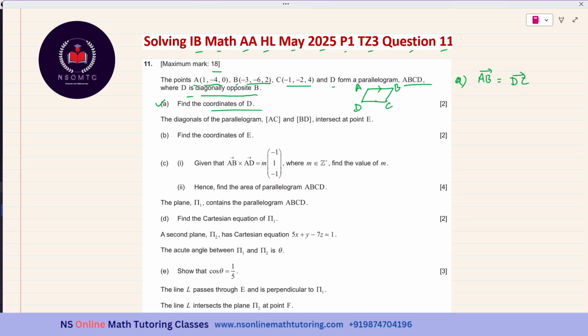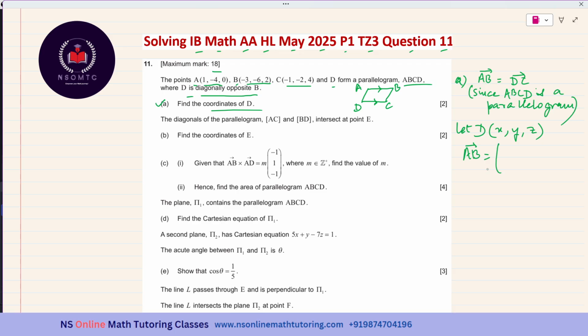AB is in this direction, DC is also in this direction. Let D have the coordinates x, y, and z.